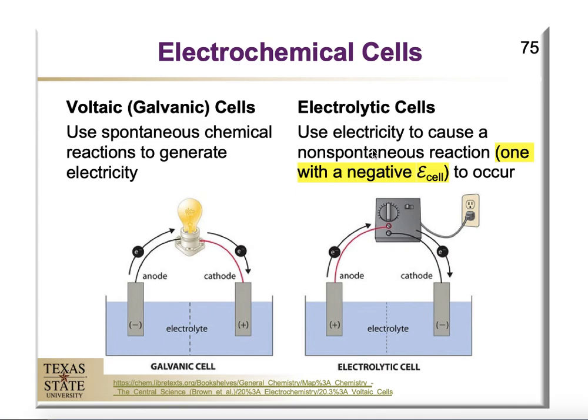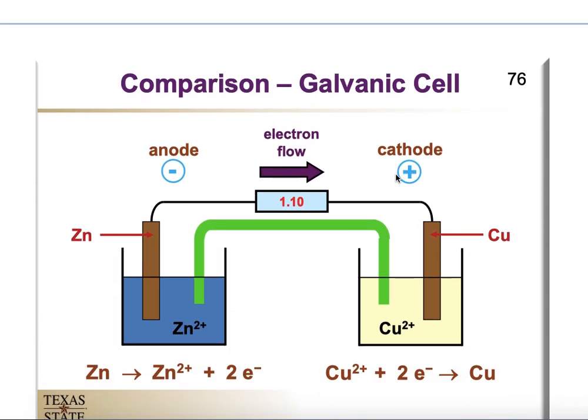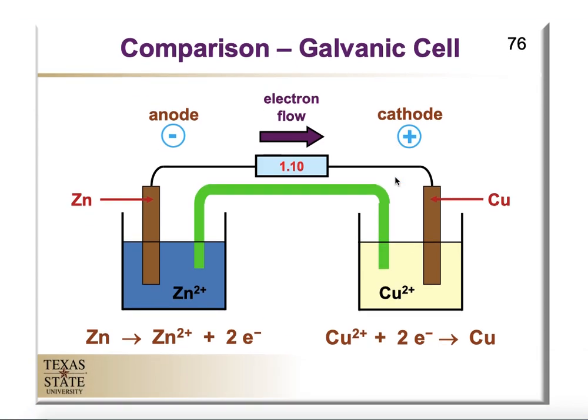Now, a non-spontaneous reaction is one that has a cell potential that is negative and therefore one that has a positive delta G. All right, so what are the differences? Here I have a normal galvanic cell. This is what we have already been talking about, where at the anode we have the oxidation take place, where electrons are being released, and those electrons go from the anode toward the cathode.